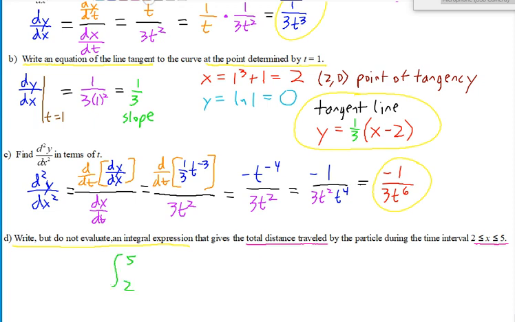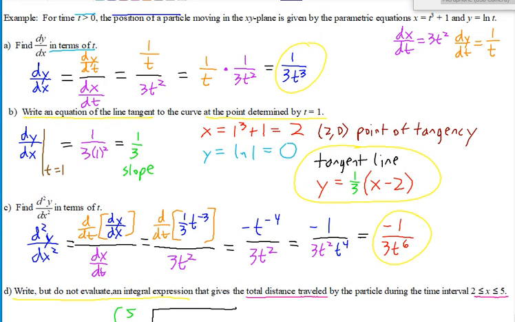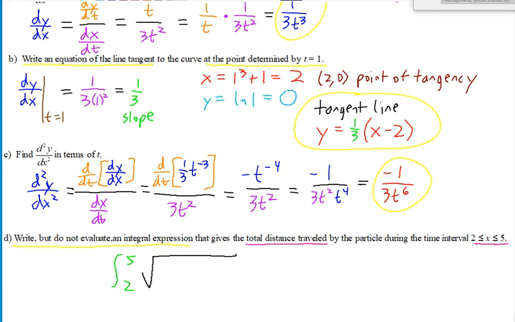And then remember for parametric ones, because it comes from the Pythagorean theorem, it's the square root of dx dt squared plus dy dt squared. And we already figured those out. Remember up here, dx dt was 3t squared. So it'd be 3t squared, squared, plus dy dt, which we figured out was 1 over t.